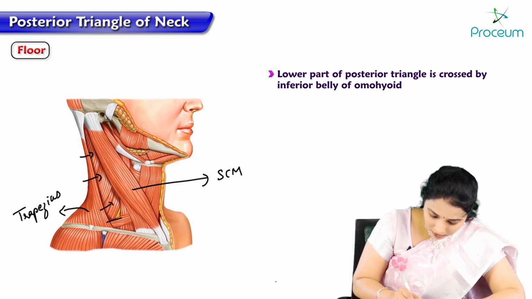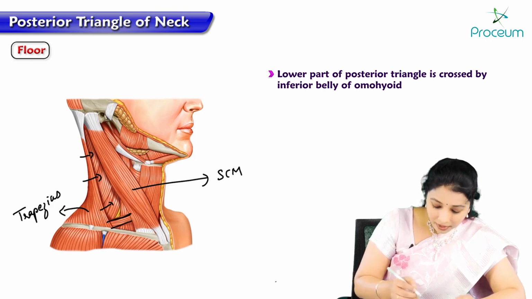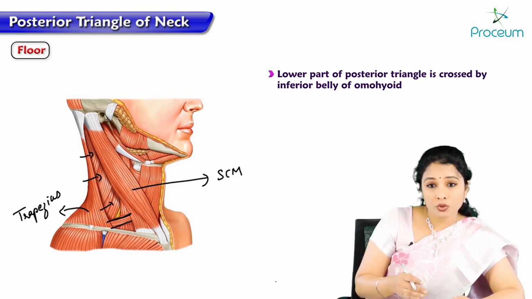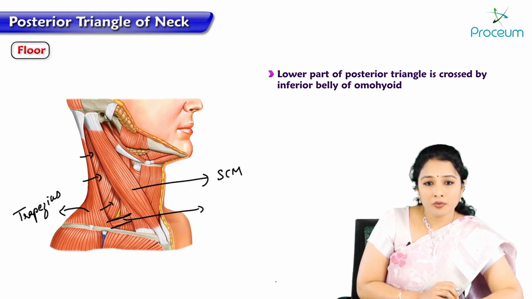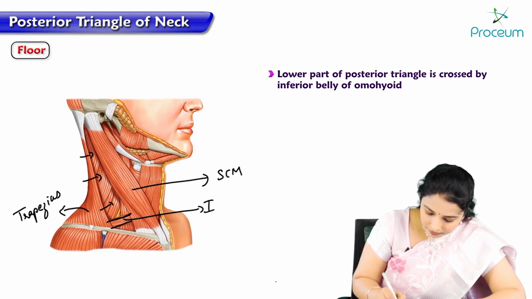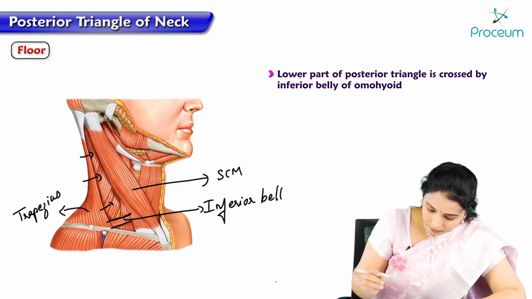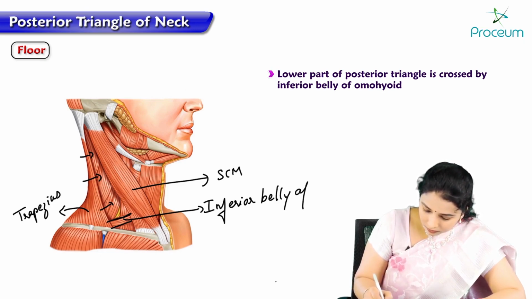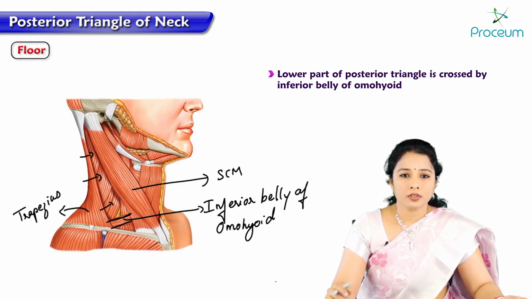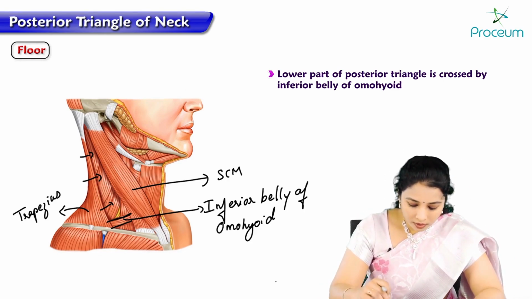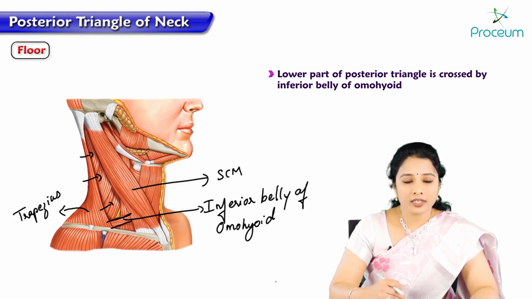And this muscle which is crossing here, dividing the posterior triangle into two more triangles, is called the inferior belly of omohyoid. So that was about the division of the triangles.